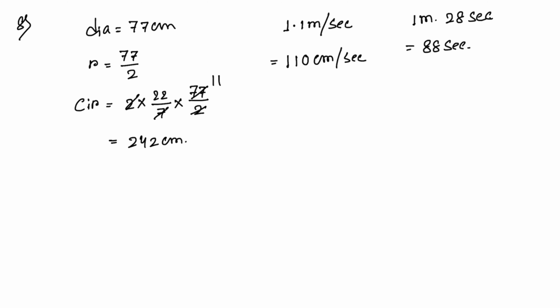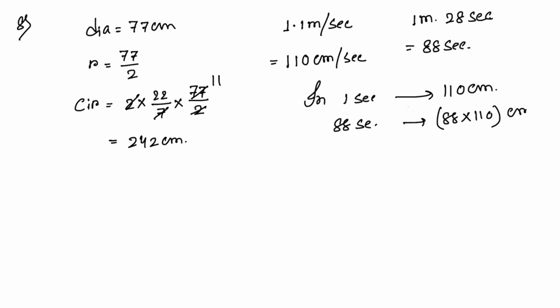So that means in 1 second, it completes 110 centimeter. Then in 88 seconds, it covers 88 into 110 centimeter, the total distance. Now you have to find the number of revolutions. So the number of revolutions equals the distance divided by the circumference, 88 into 110 divided by 242.